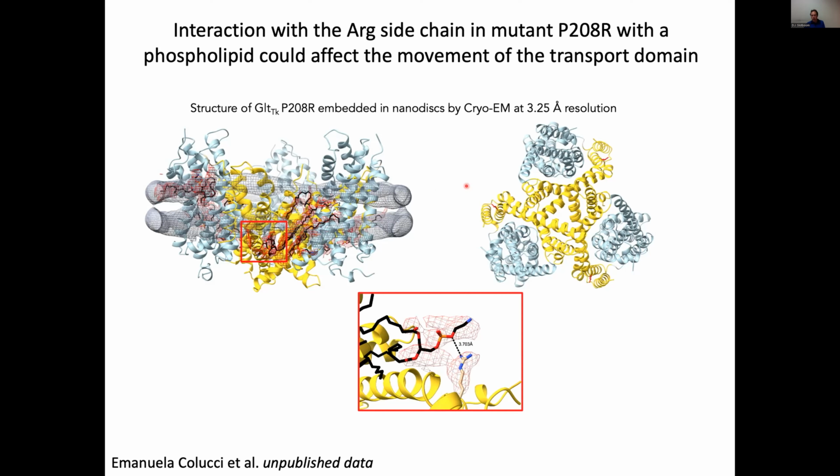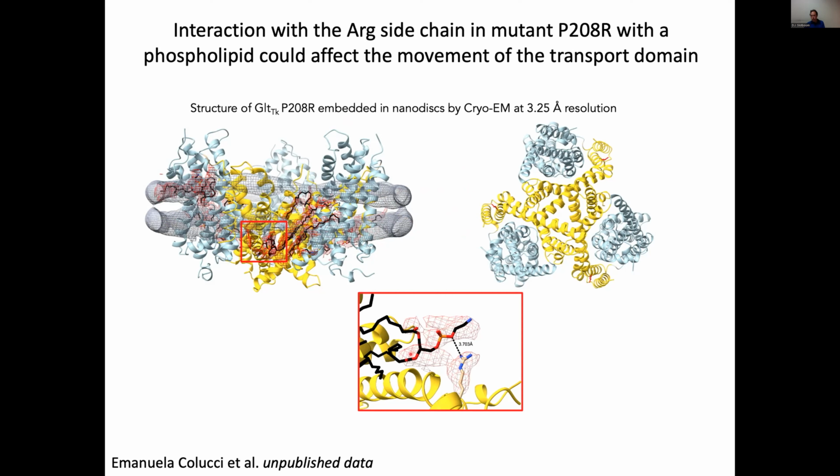So nothing major happened in the region of this proline to arginine mutation. The protein looked exactly the same still, apart from one difference. In this really very difficult to read figure on the left-hand side, there are these red densities that you see here, and these are lipid molecules that we can find in our cryo-EM densities.